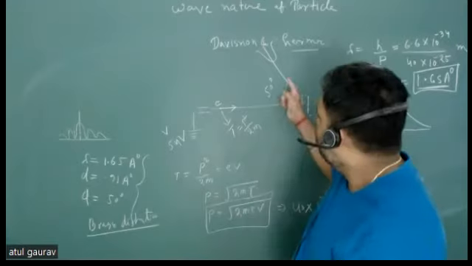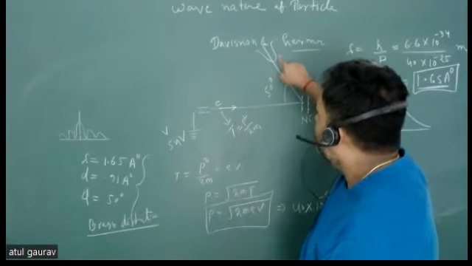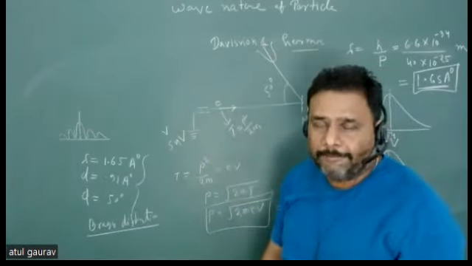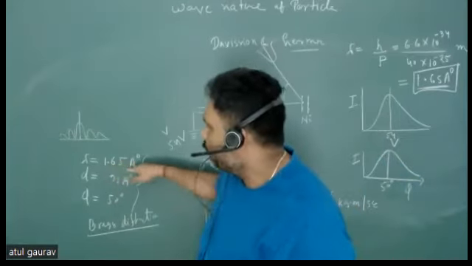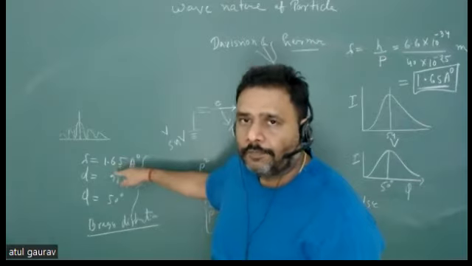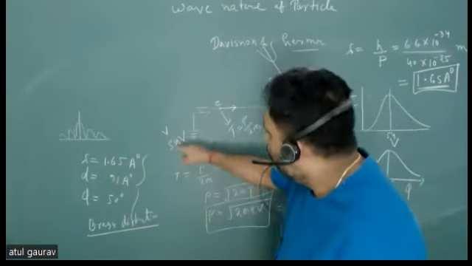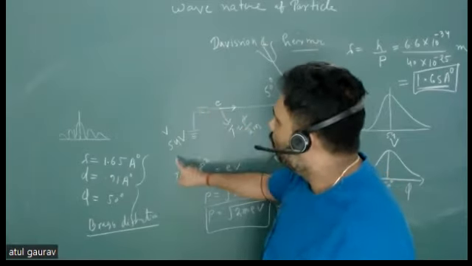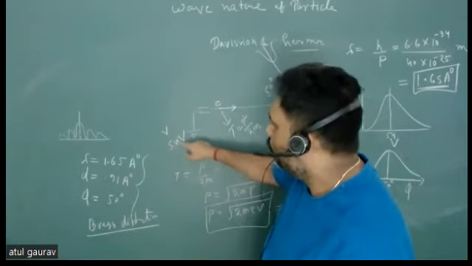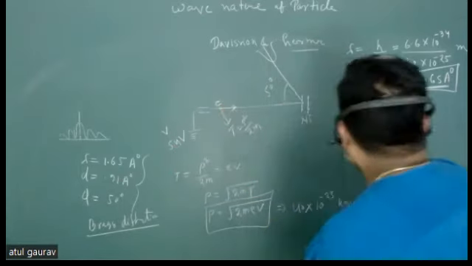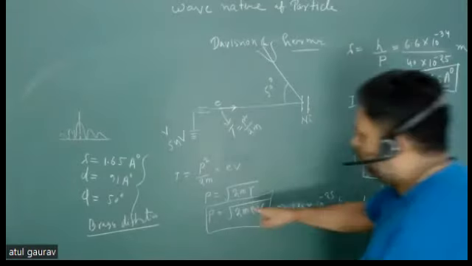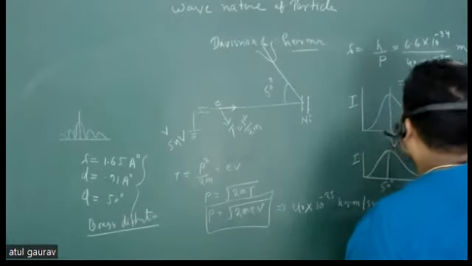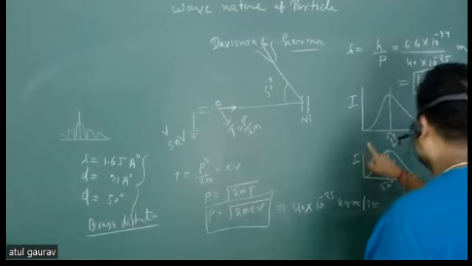Okay, so this first maxima means that if I consider the electron as a wave, what should its wavelength be? Exactly 1.65, which we get from de Broglie. When we accelerate this electron with a potential of 54 volt, we get exactly the same peak. This is intensity versus V, and we are getting intensity versus phi.